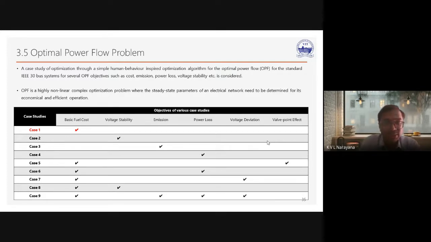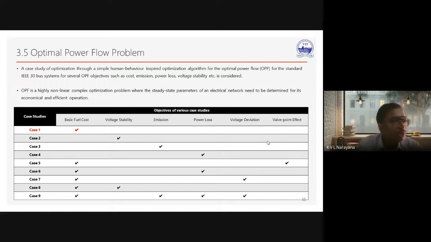In case 8, he considered both minimization of the fuel cost and maintaining the voltage stability in the entire bus system. And in case 9, he considered 4 objectives. You can see here how many objectives are to be taken related to the system.